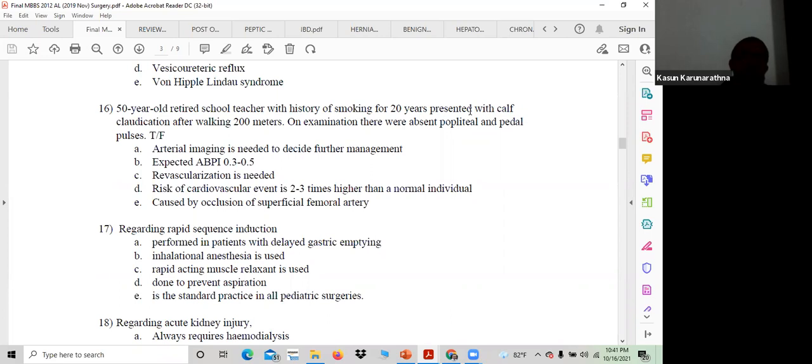Stage 2 is intermittent claudication, with 2 categories, A and B. A is claudication distance more than 200 meters. B is claudication distance less than 200 meters. Stage 3 is rest pain. Stage 4 is tissue loss. Right? This is the Fontaine classification of severity of peripheral vascular disease in the lower limb.